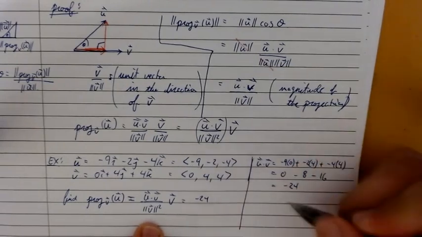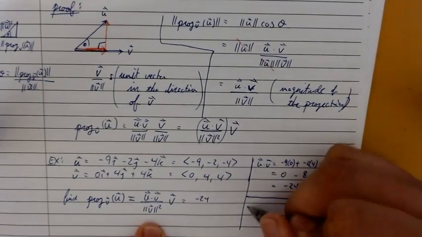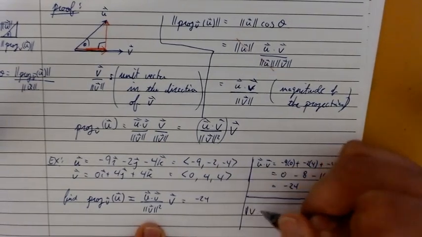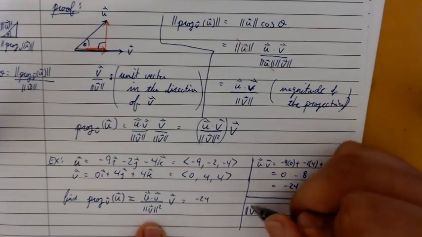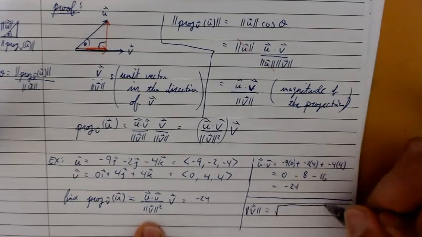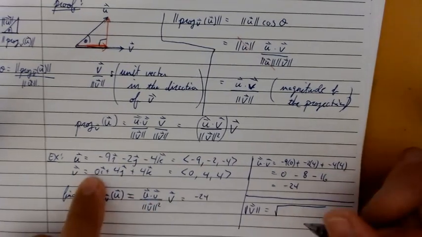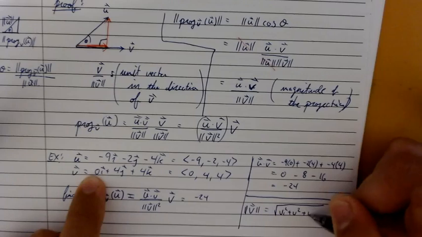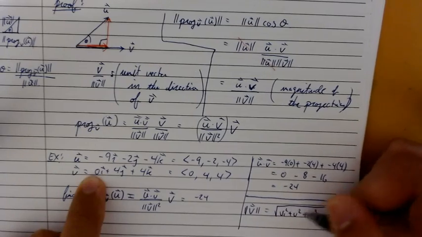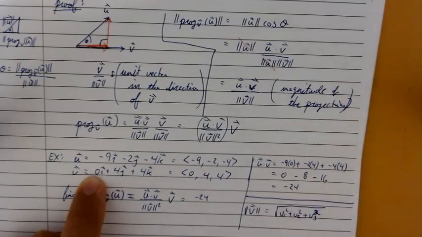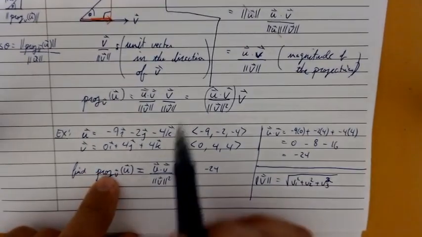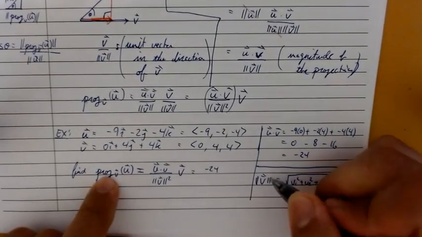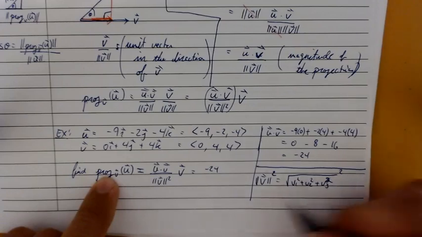Let's go ahead and find the magnitude of the vector v. That's going to be the square root of, now this has three components, so that's going to be v1 squared plus v2 squared plus v3 squared. Oh, but we want the square of that magnitude. Okay, so let's square both sides here.